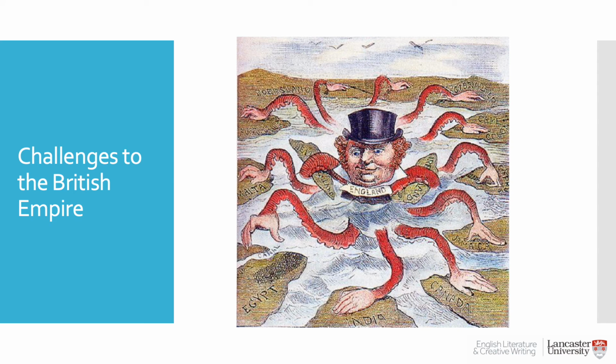There were other threats to middle-class men, one of which was the decline of the British Empire at the end of the 19th century, a decline that would continue into the 20th century. This was particularly galling to the middle-class men who were, by and large, the main administrators of imperialism.